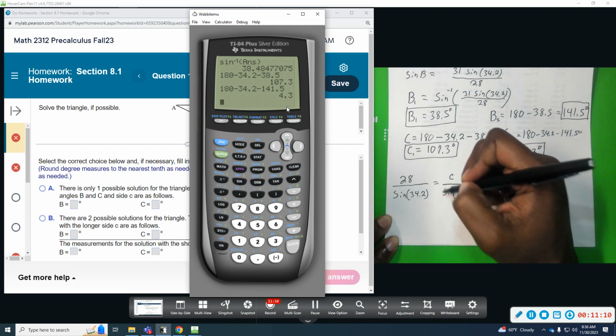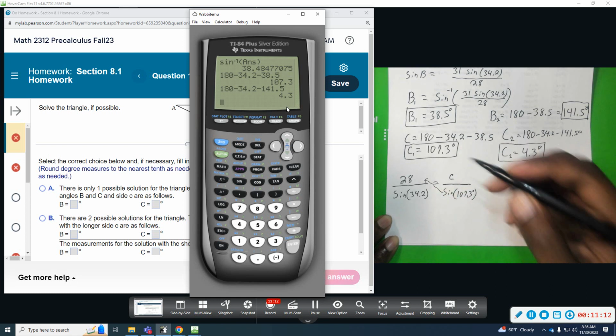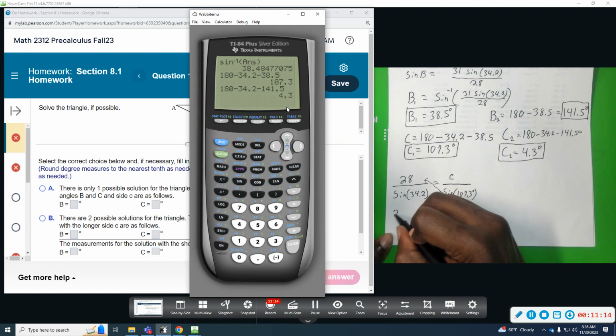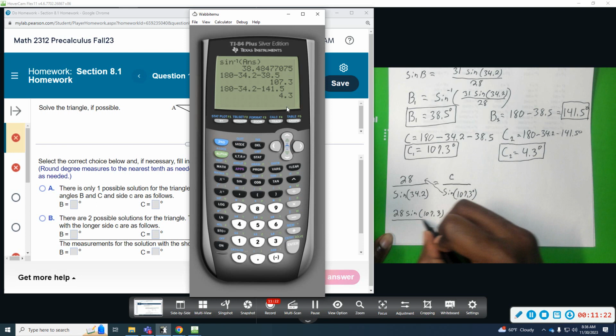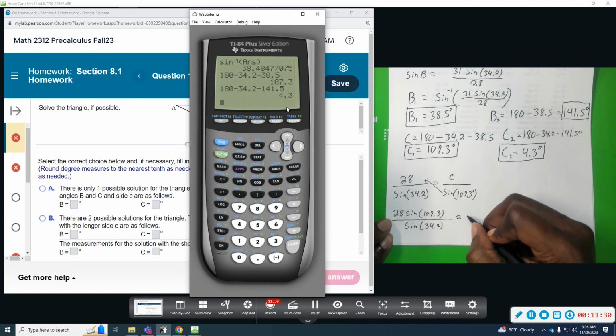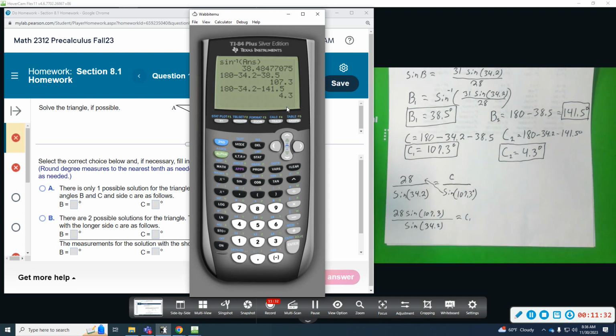All right, so I will just multiply this guy up and over, and I'll have 28 sine of 107.3 divided by sine 34.2, and that's going to give me the measure of C1, the first possible answer.